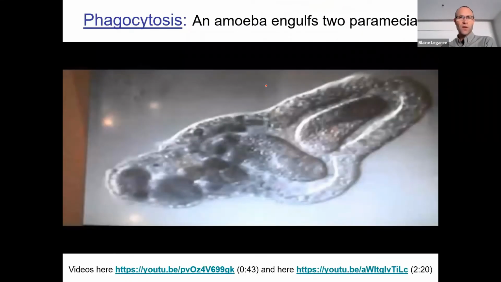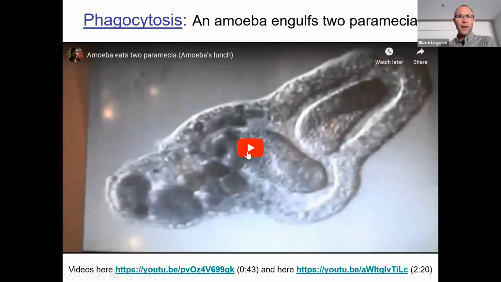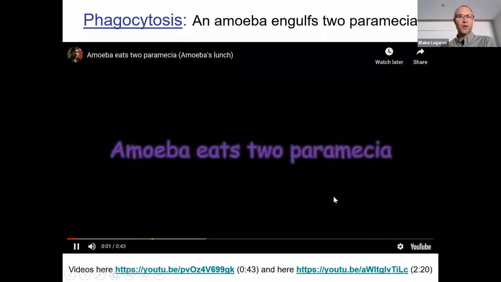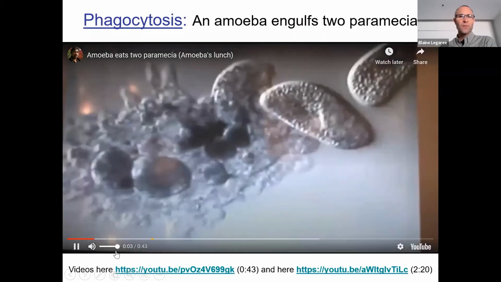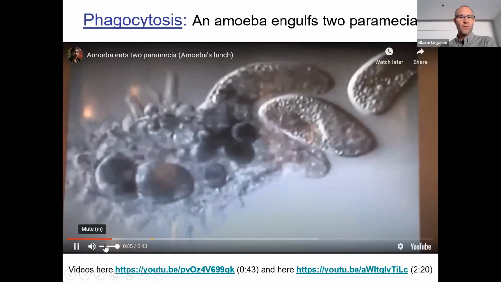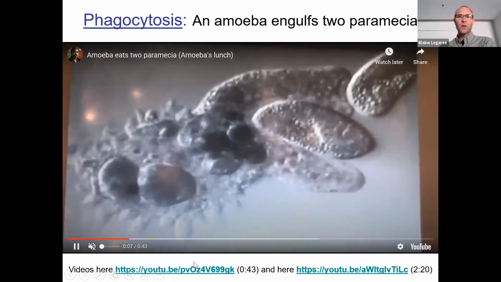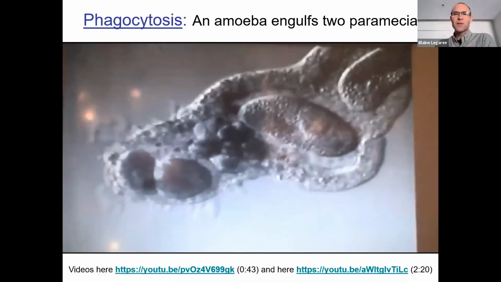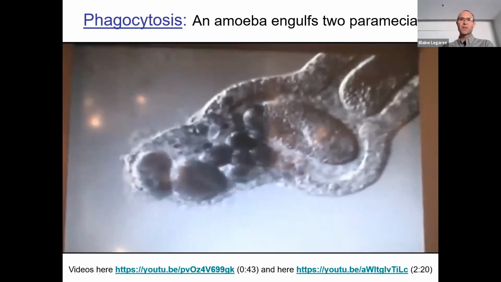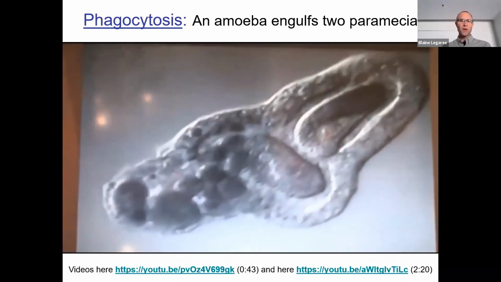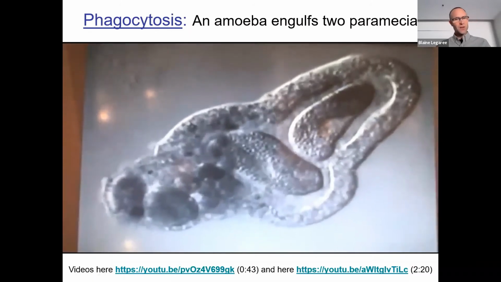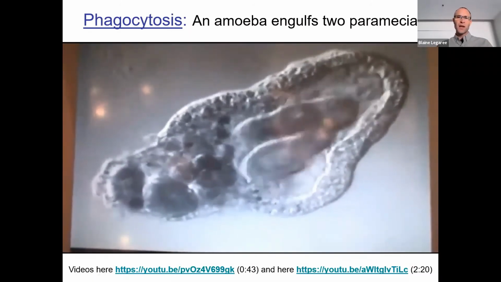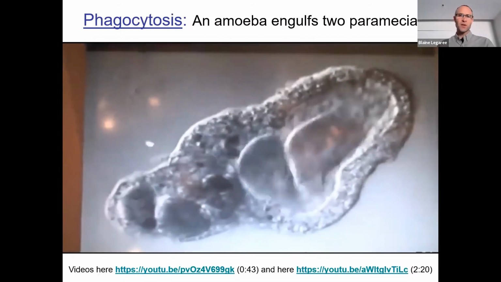I'll show you this video here. We're going to see some phagocytosis in action. We'll turn the volume down, not very good sound in the background. You can see in this case it's very fast. This is sped up a little bit, but very quickly you can see the cell moving around, changing the shape of its membrane and cytoplasm and bringing these paramecium into food vacuoles.